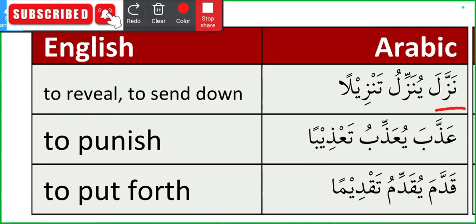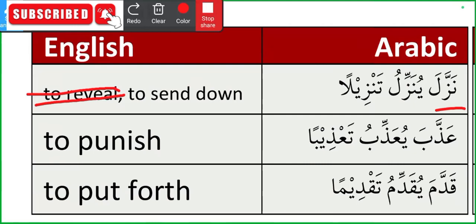Nuzzila. Nuzzila, nuzzilat, nuzzilata, nuzzilna, nuzzilta, nuzziltuma, nuzziltum, nuzzilti, nuzziltuna, nuzziltu, nuzzilna. Very good. In the English translation, to reveal is not a correct translation. I don't agree with this at all.